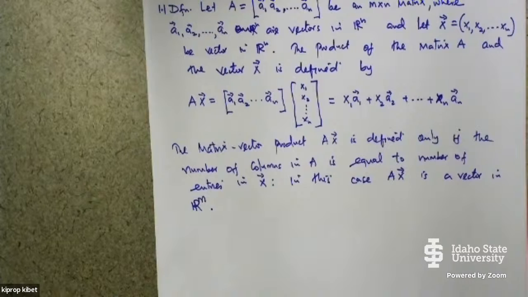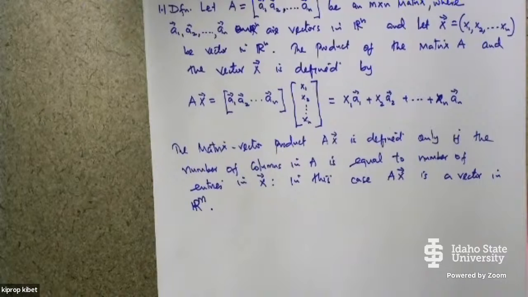So for this matrix to multiply with the vector, the number of columns in A should be equal to the number of entries in x.